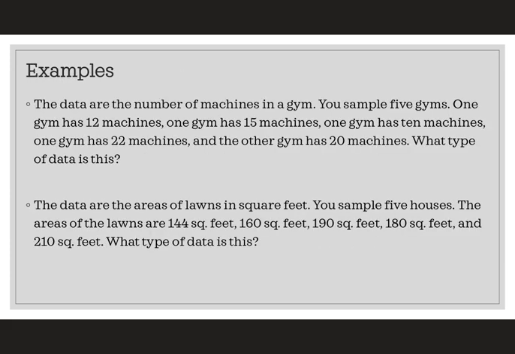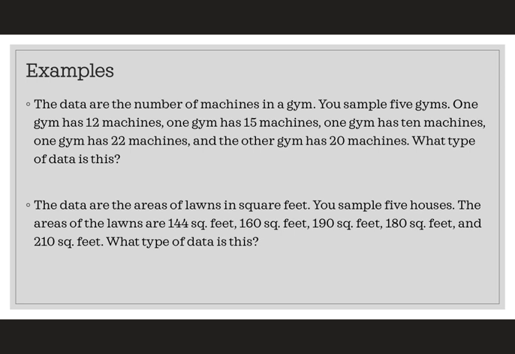Okay. All right, so the data are the number of machines in a gym. You sample 5 gyms. One has 12, one has 15, one has 10, one has 22, the other has 20. What kind of data is this? Okay. When you're trying to decide which one, your background question that you want to ask yourself is, do decimals make sense in context?